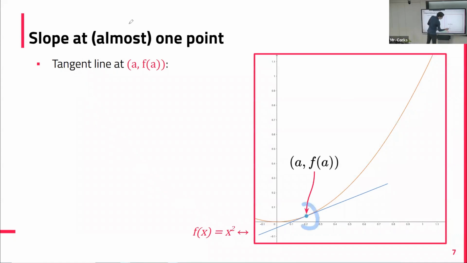We want to find the slope of the curve at that one point. It's represented by this tangent line that touches the curve at exactly that one point and only that point. But how can we find that mathematically?